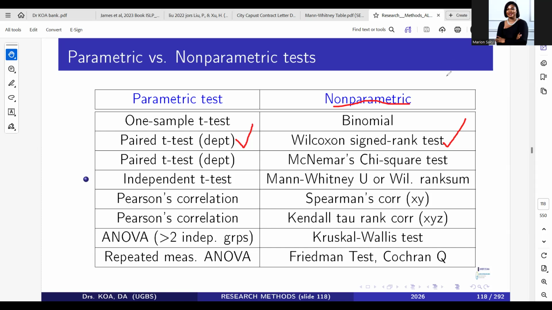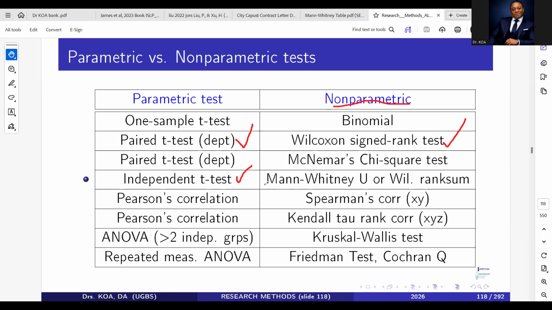But what if the sample is not dependent? What if the samples are independent of each other? Well, in that case, if the data is normally distributed, you use the independent t-test, sometimes called a Welch test.